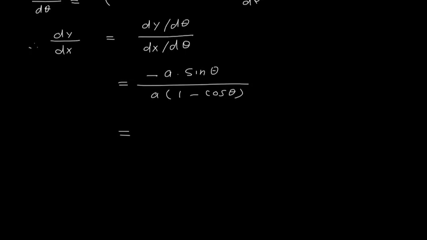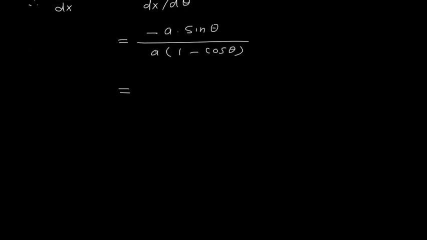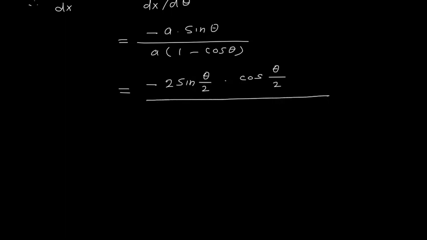So now this a and a will cancel. Here minus sin theta can be written as 2 sin theta by 2 into cos theta by 2, and whole divided by, here 1 minus cos theta can be written as 2 sin square theta by 2.